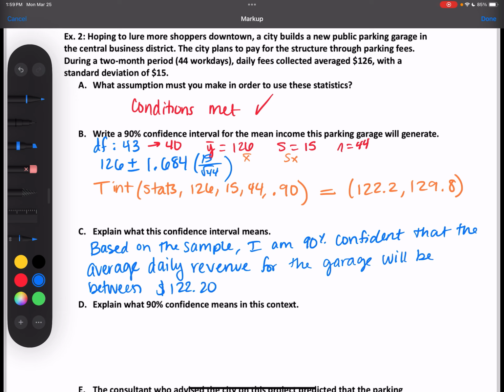So notice it's money. So even though these ended on an even decimal number, I need to make it as it would be money, to $129.80.